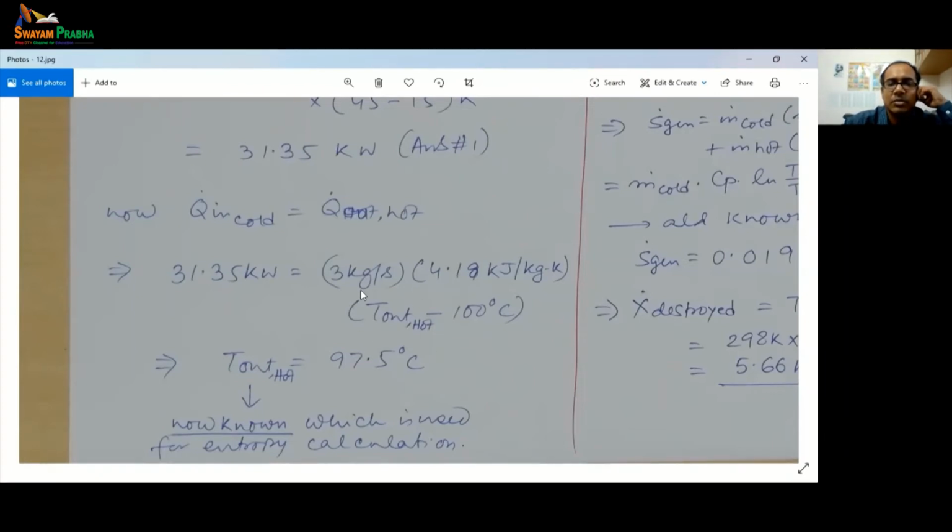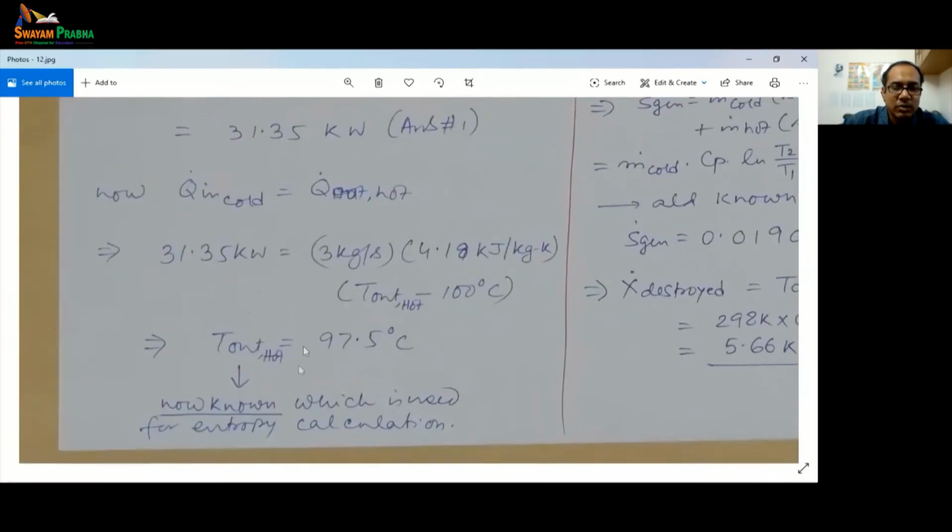But now we know the Q dot hot out, and that will again be m Cp and delta T. So m is 3 kg per second, Cp is 4.18 kilojoule per kg Kelvin, and the difference in temperature is T out minus 100 degrees centigrade. T out we don't know, everything else we know in this equation. So we can find T out of the hot stream to be 97.5 degrees centigrade.